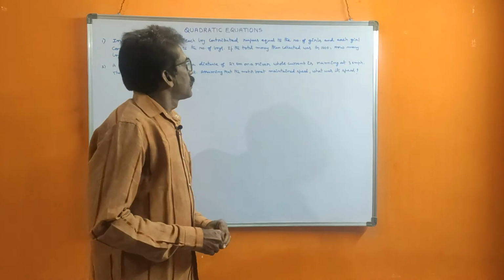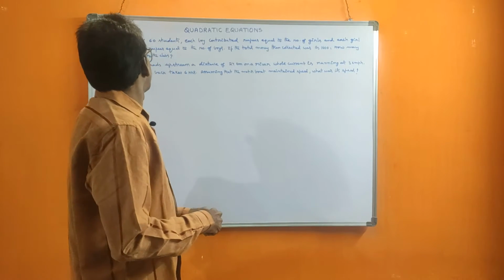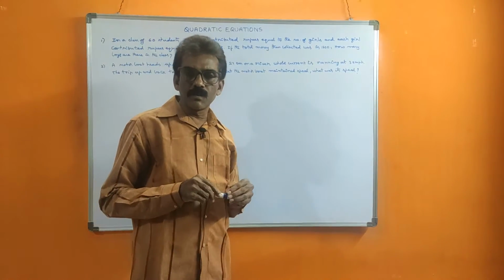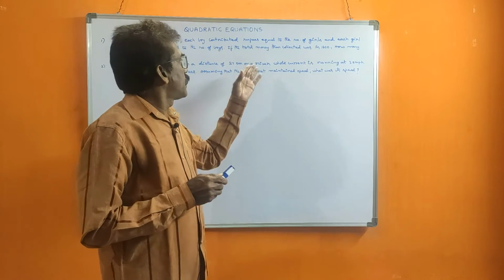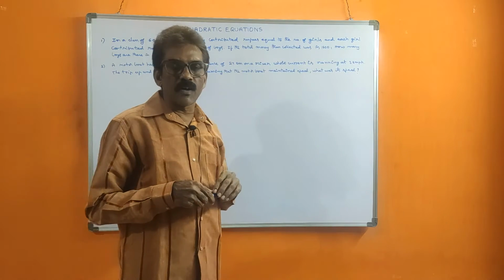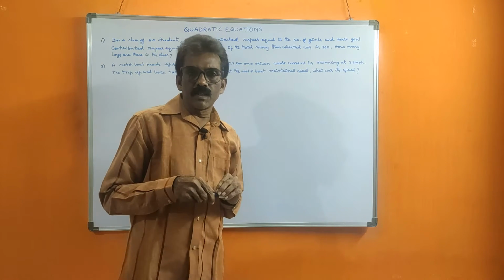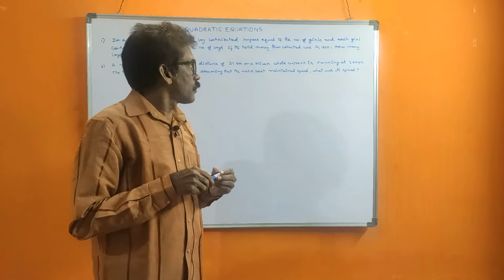That means a class is there with boys and girls, and the total students are 60. Some are girls, some are boys. Now they contributed some amount for some donation or purpose.